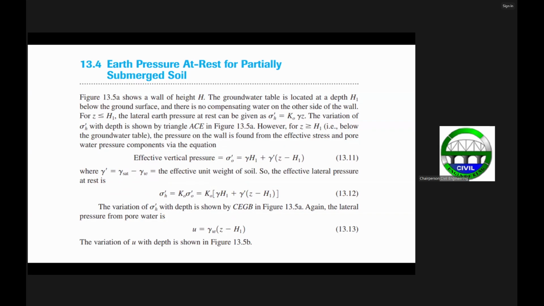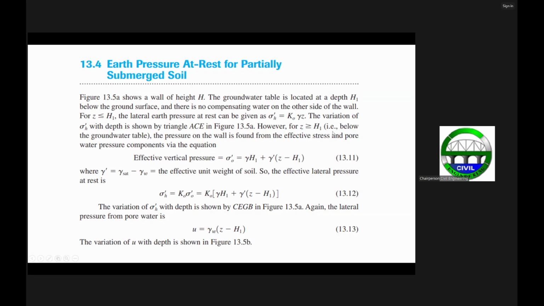Now, if we are considering depths greater than H sub 1, that means depths below the groundwater table, then the effective vertical pressure or effective overburden stress, sigma sub O prime, is now comprised of two components.